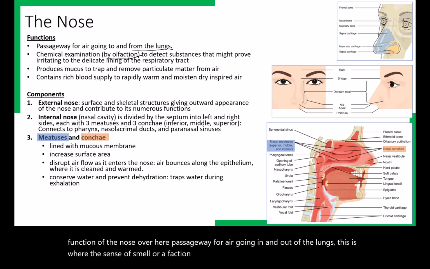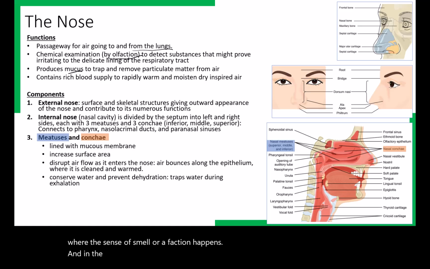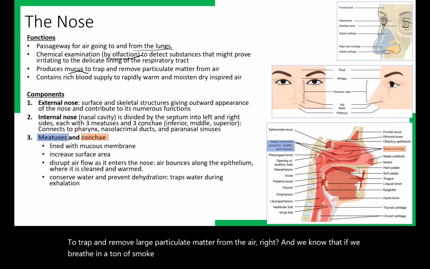And in the nose, mucus is produced to trap and remove large particulate matter from the air, right? And we know that if we breathe in a ton of smoke or a ton of particulate matter, hopefully the mucus that's produced by the nose helps to trap it and remove it.